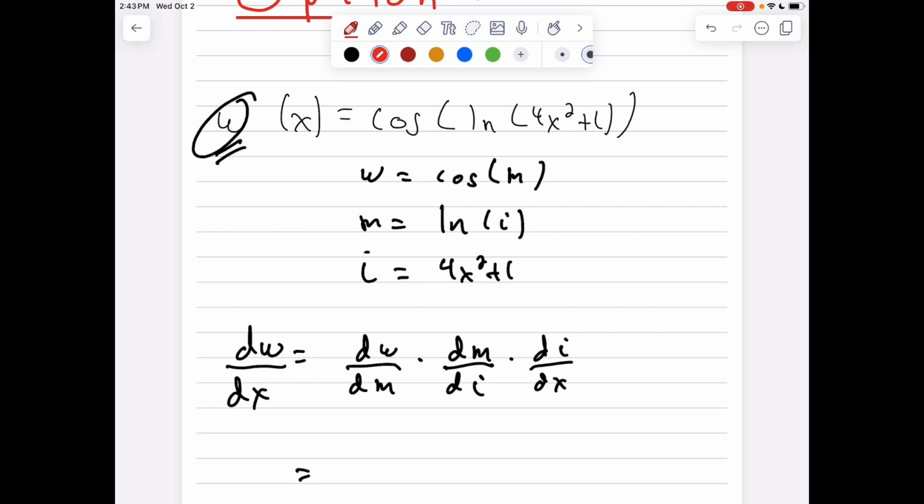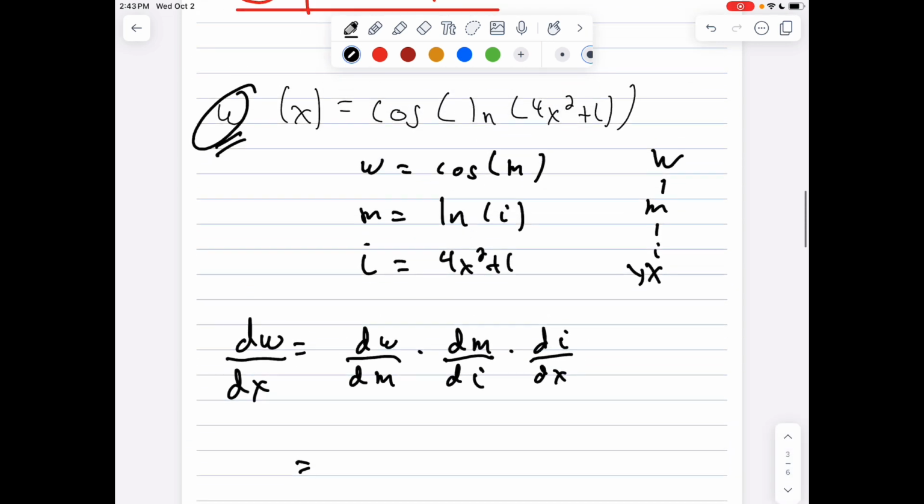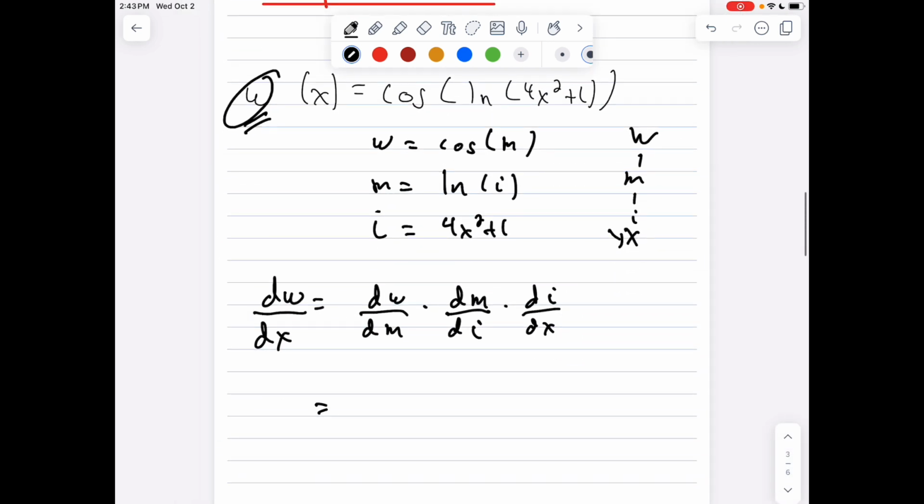For the derivative, you're going from W to X, but you have to go through M, you have to go through I, and then you can get to X. So it's like paying the middleman. I want to get all the way to X, but M and I are in the way. You have to pay them, and payment is a derivative here. So dw dx is going to equal the derivative of each of these. Cosine of M is minus sine of M.